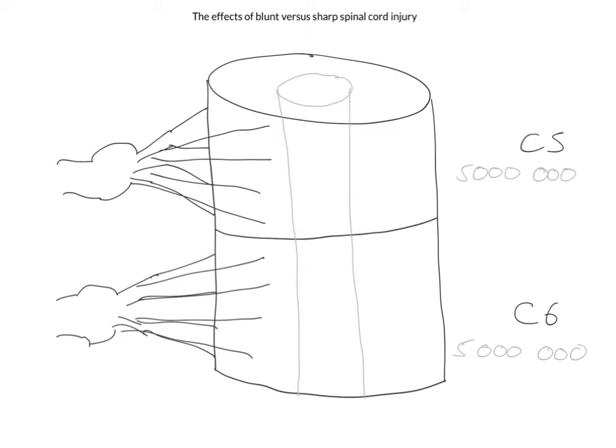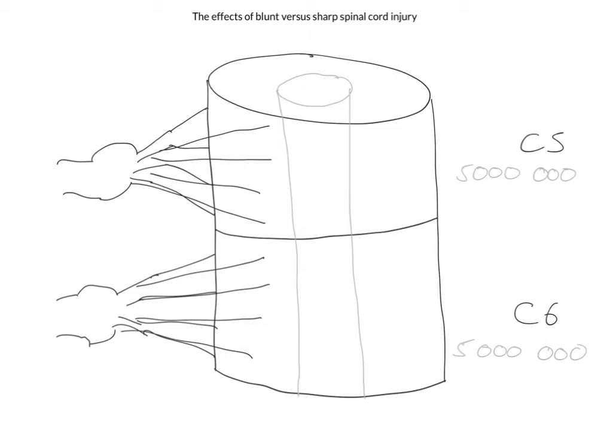And remember, these neurons are found within this central core of grey matter, within the dorsal and the ventral horns. And these are the neurons which are either lower motor neuron cell bodies or the cell bodies, say, of second order sensory neurons. So each spinal cord segment has around 5 million neurons within its grey matter.